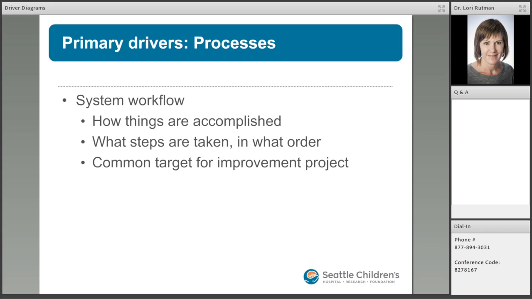You can remain cognizant of it, but it's not something that you're going to change, whereas the process, the way patients flow through a system, the process for intake in a clinic, the process for following up on missed immunizations, those are things that we have control over and can change, so they're really common targets for improvement work. They're also often the easiest to measure, which is important as we're thinking about future iterations of improvement efforts and learning from our past efforts.